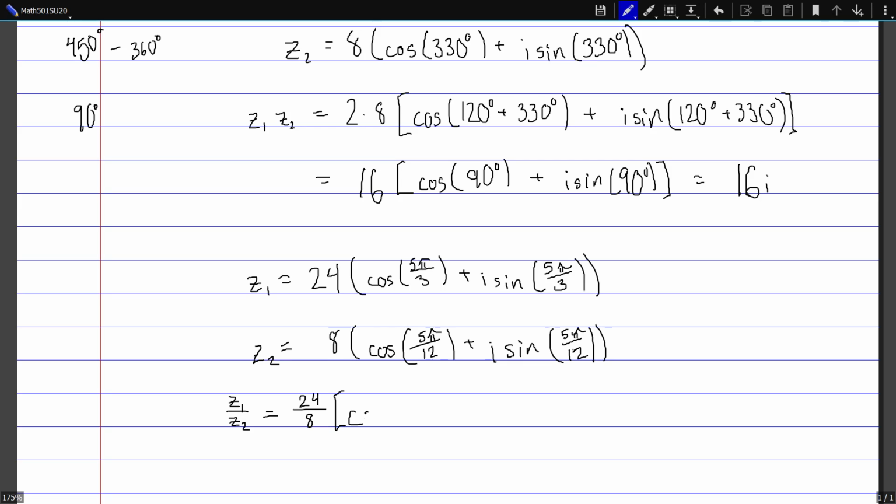Keep in mind that's still separated out into cosine and sine. Make sure you pay attention here to the order. The way in which you're doing this is you're taking the argument from the first complex number and you're subtracting the argument from the second. So in each one of these cases, this is going to come out to 5 pi over 3 minus 5 pi over 12. It's important to make sure you get the order on this correct or you're going to be in the wrong place.